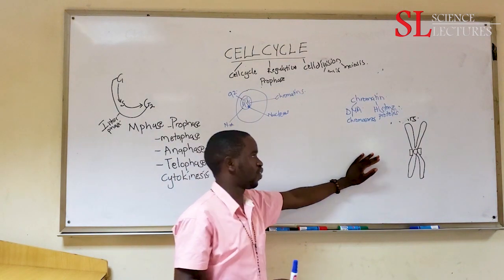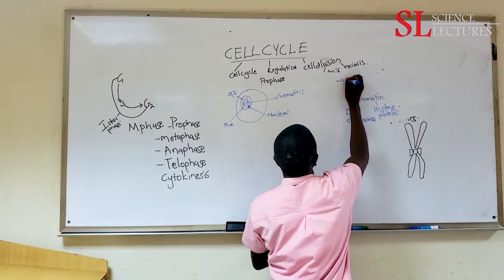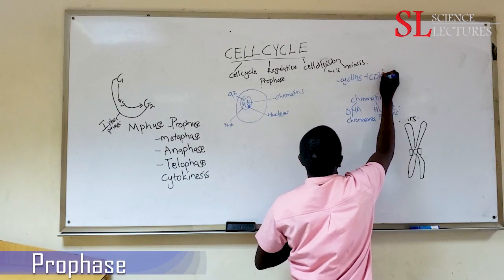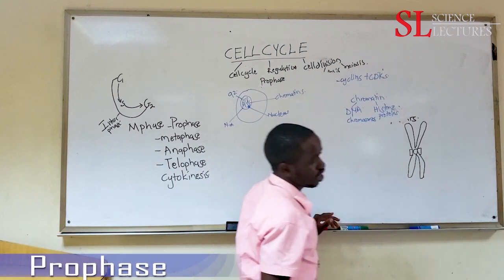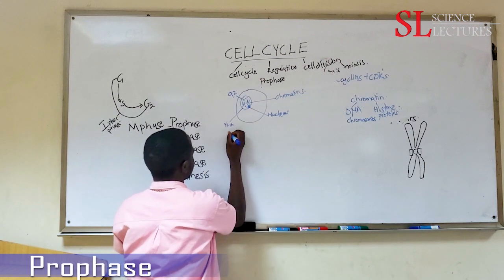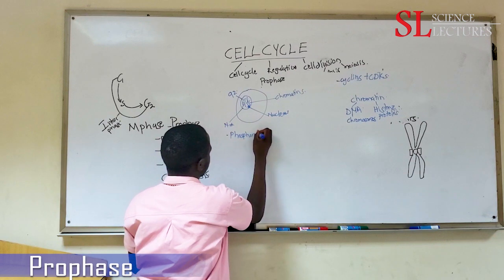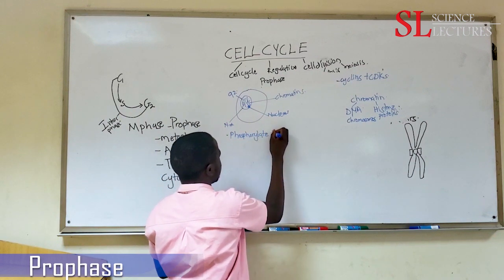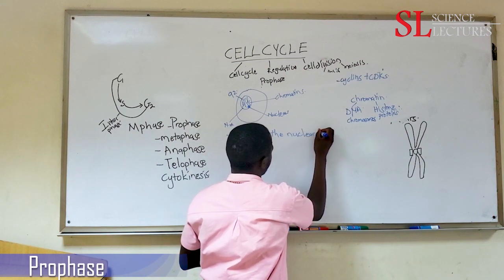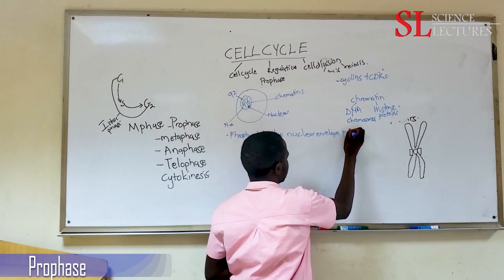Now, when the cell goes into prophase, certain proteins are manufactured within the cell that are called cyclins, and other proteins called cyclin-dependent kinases. These two phosphorylate the nuclear envelope proteins.